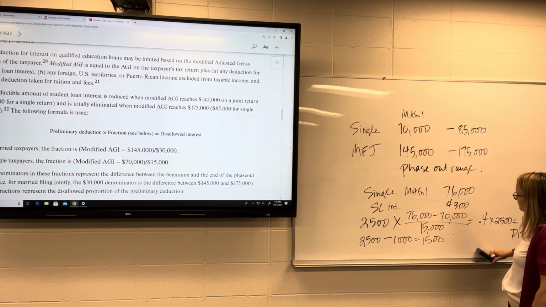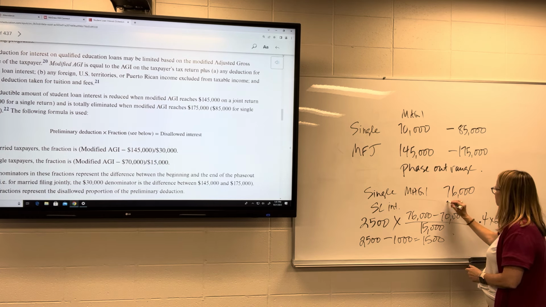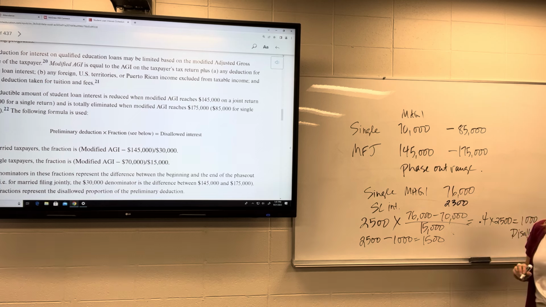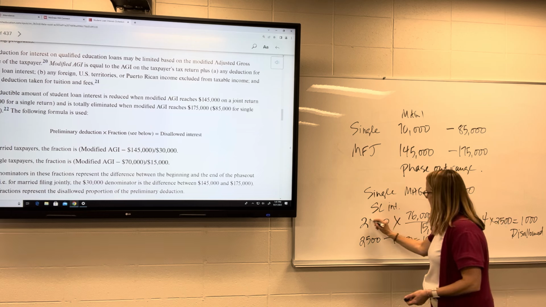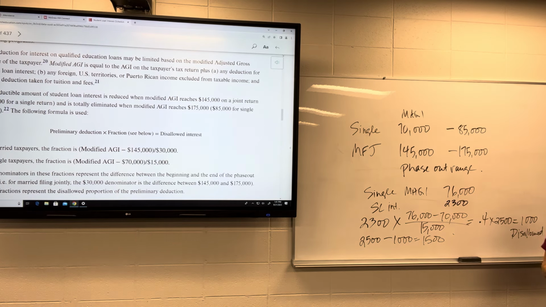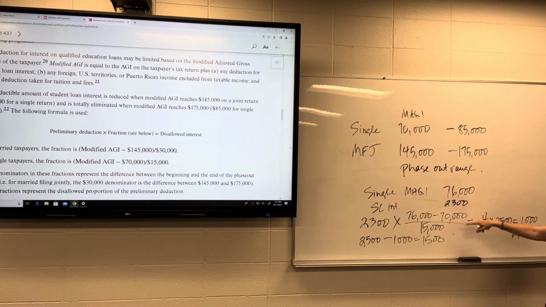Now, let's say they had 2,300 of student loan interest. Well, now this amount is going to be 2,300. So it's 2,500 or the amount of student loan interest paid, whichever is less. So 2,300 times the same, we've got the same income here, 76,000. So now this is 0.4 times 2,300, which equals, whatever that equals.